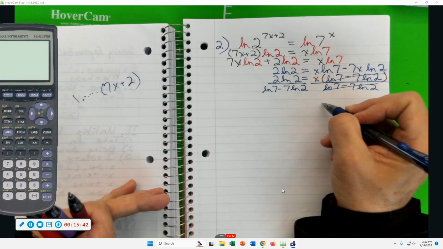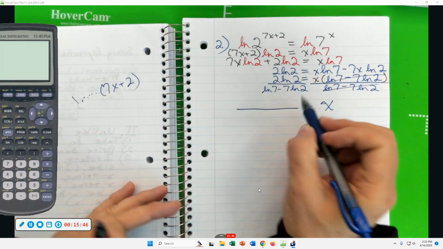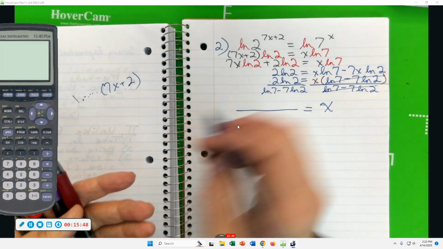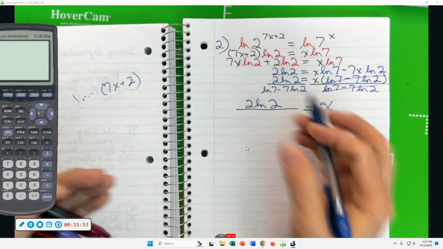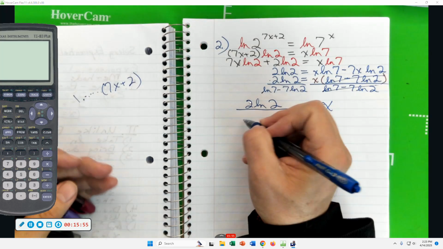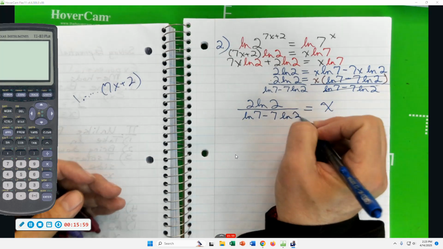That cancels out, so we're left with x equals, I'm going to write it big, 2 ln 2 on top, divided by ln 7 minus 7 ln 2.